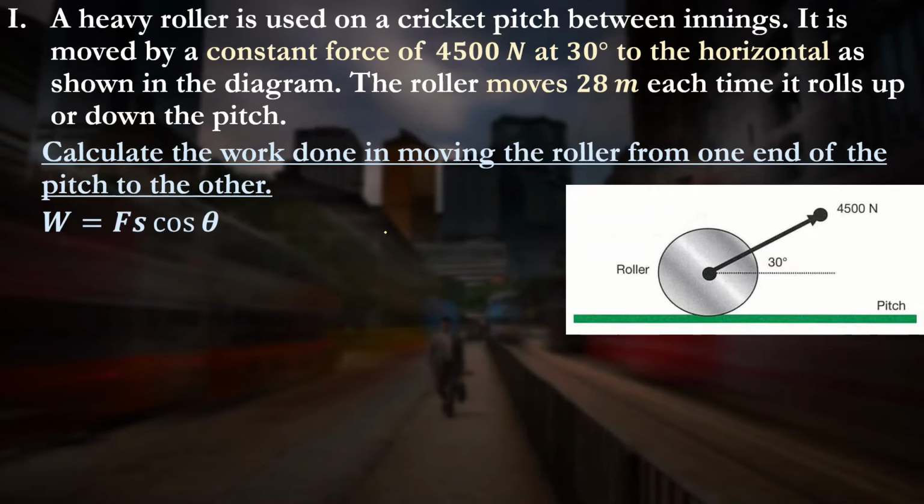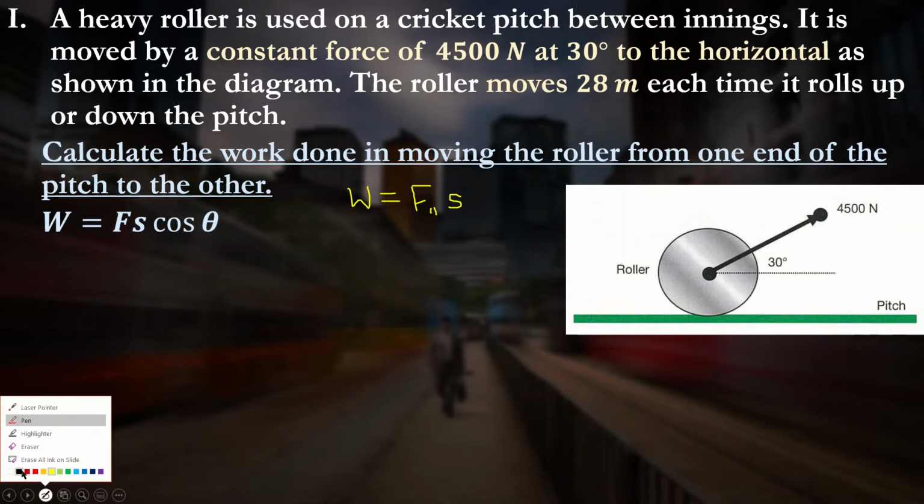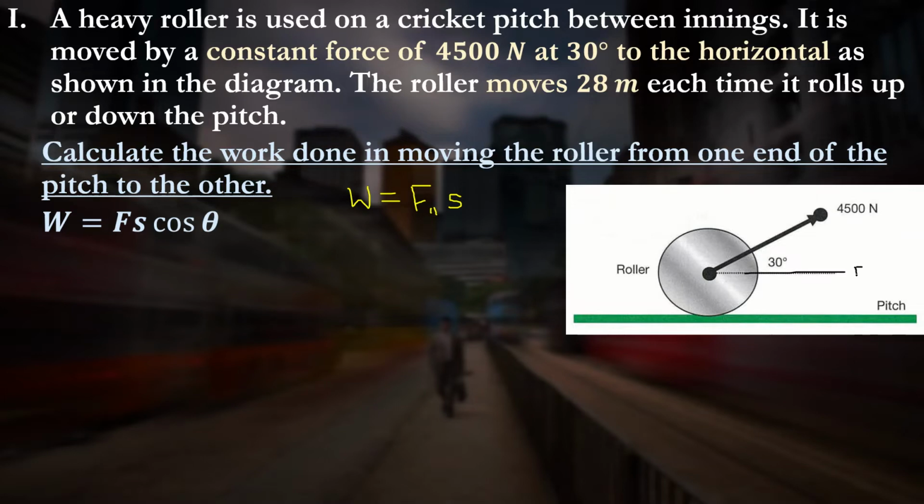Okay, we can think about it. Work is given as the force parallel to the object's displacement. If we look at the question here, the parallel force is this component here. This is the direction of the force applied onto the roller.